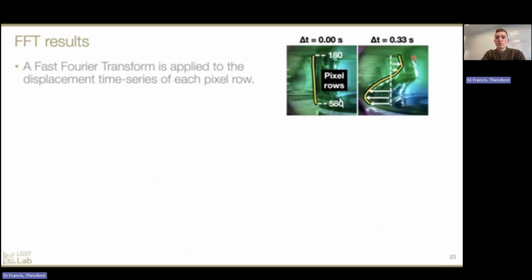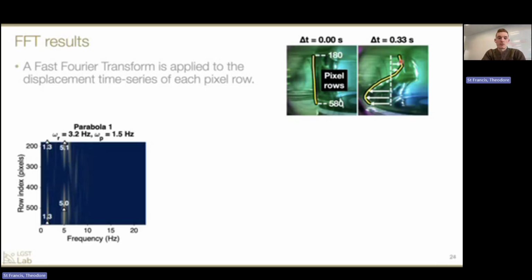As I described previously, what that means is that I'm taking the displacement in time of each pixel row of this interface and then decomposing that through fast Fourier transform to extract the dominant frequencies to understand at what rates those positions of the interface are being perturbed back and forth.